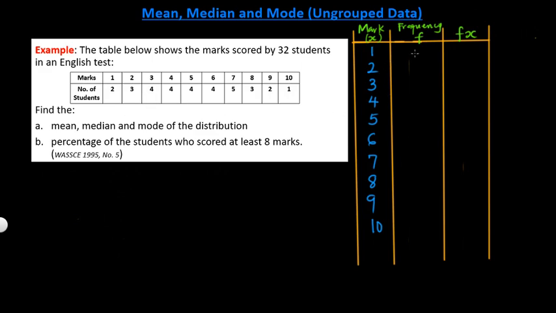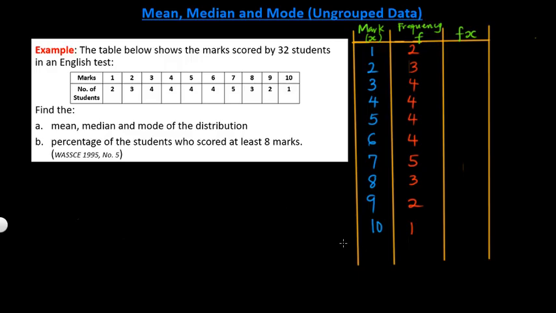The frequencies we have are 2, 3, just as we have it here, 4, 4, 4, 4, 5, 3, 2, 1.